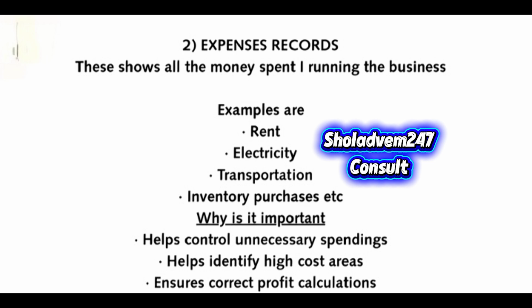It is under expenses record. Now, why is it important? It is important because it helps control unnecessary spending and helps identify high cost areas. It also ensures correct profit calculations.